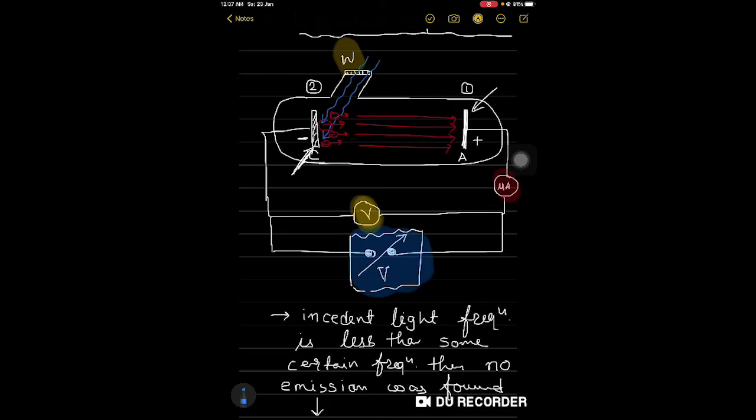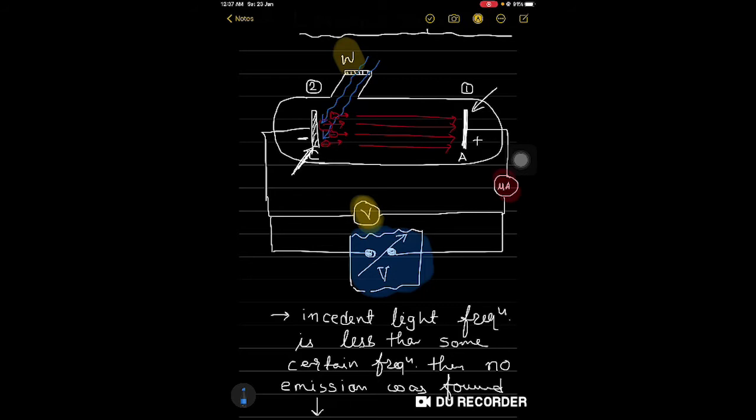For that, the commutator is connected between C and A and the battery or power supply, through which we can change the polarity. Thus the plate A can be maintained at a desired positive or negative potential with respect to emitter C.